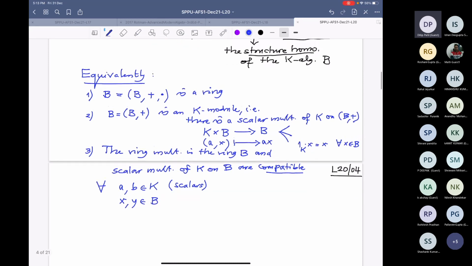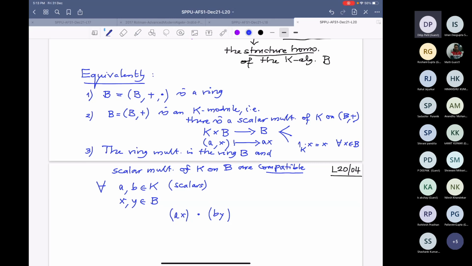We can either multiply a by x, b by y, and multiply in the ring B. You see, this is a scalar multiplication, x is in B, a is in K, therefore this is in B. This is in B. So we can do this.